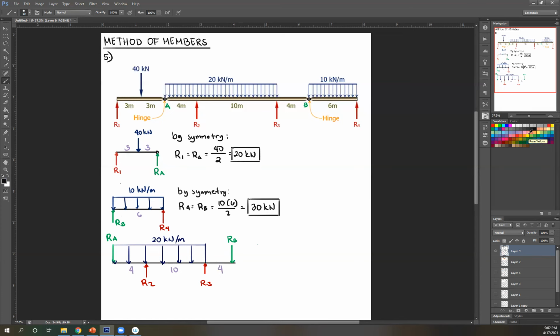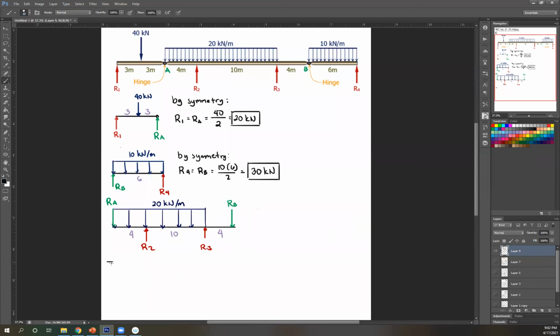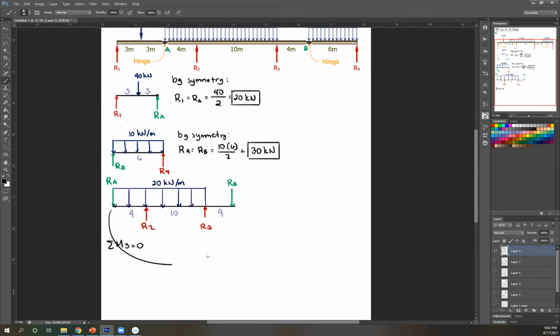So recall, whenever we have two unknowns, you're just going to get the moment about the other unknown. So let's take moment about R3. So let's do that here. Summation of moment at 3 equals 0. Let's start with RA. Rotate RA about 3, that's counterclockwise, so negative RA. Perpendicular distance 4 plus 10, that's 14.